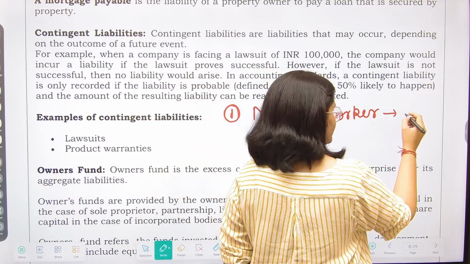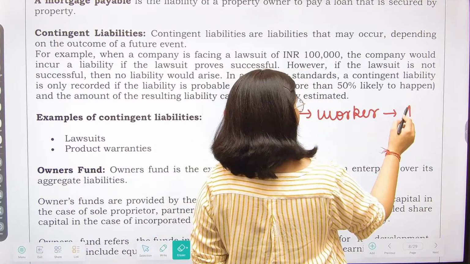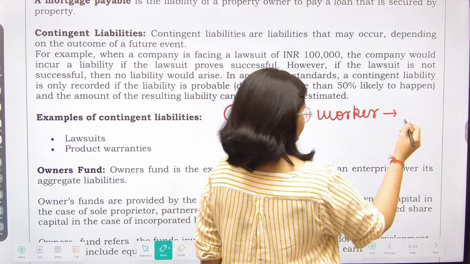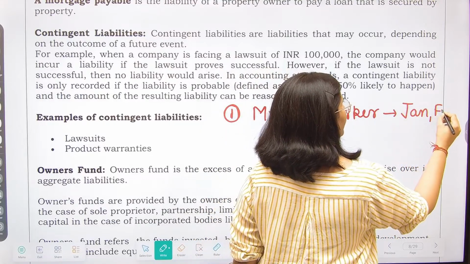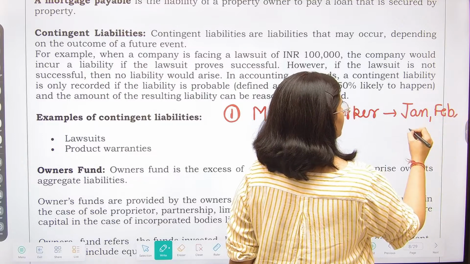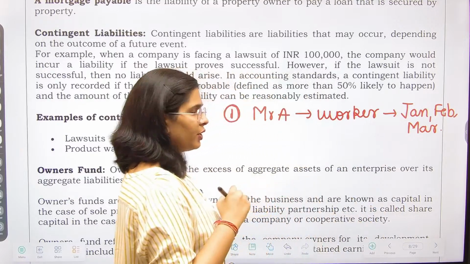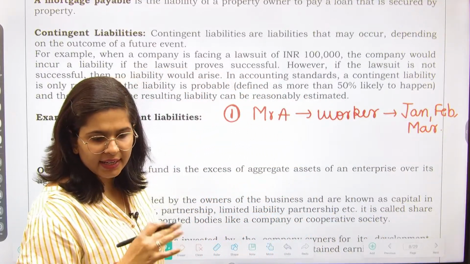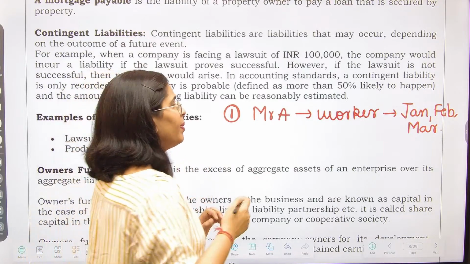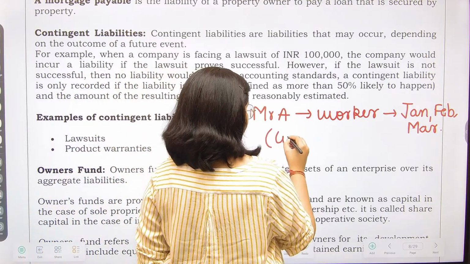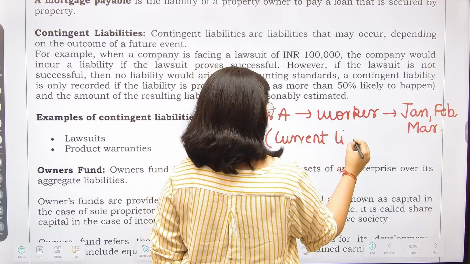His salary is due for the month of January, February and March. 3 months salary is due. We have not paid the salary to him. So this particular liability will be considered as a current liability. What will this be called? A current liability.